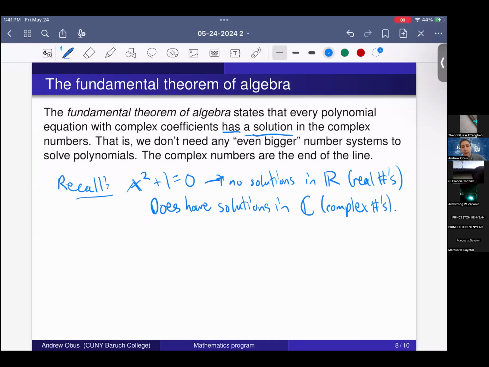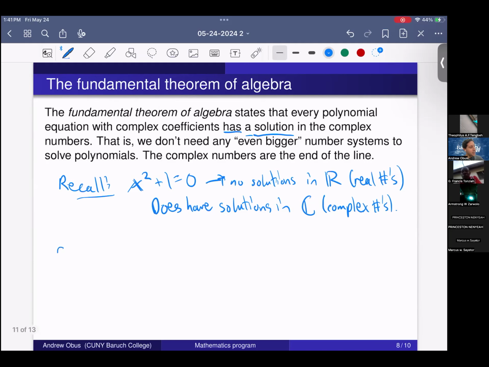Now what I'm saying is that even if I allow myself complex coefficients, if I write down some crazy equation, it's always going to have a solution in the complex numbers. I never need to go to a new number system to get a solution.